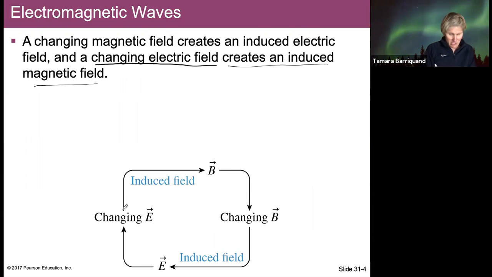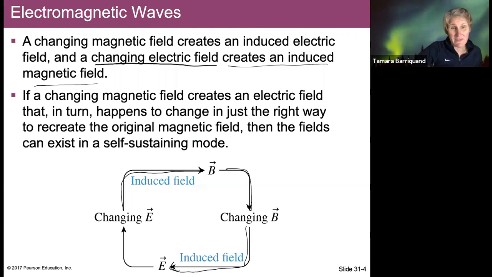So we can go from a changing electric field to an induced magnetic field. And then if that's changing in just the right way, we can get back to an induced electric field. And so if a changing magnetic field creates an electric field that in turn changes in just the right way to recreate the original magnetic field, then the fields can exist in a self-sustaining mode.